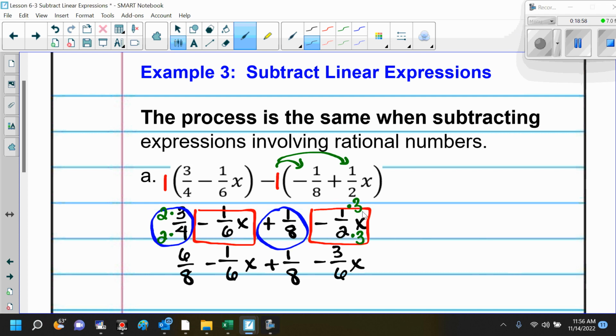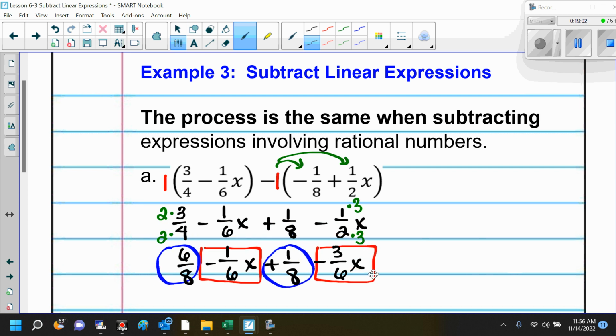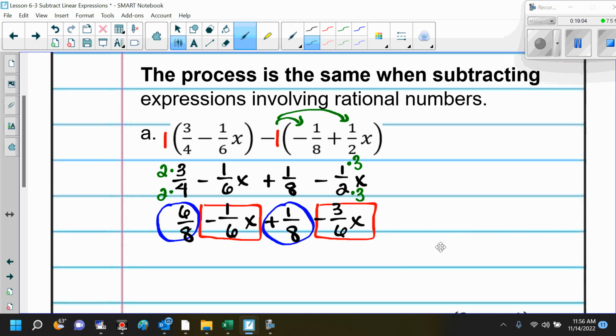So our like terms are right there again. And now we can combine. So negative 1/6 x plus a negative 3/6 x is equal to a negative 4/6 x. And then 6/8 plus 1/8 is positive 7/8.